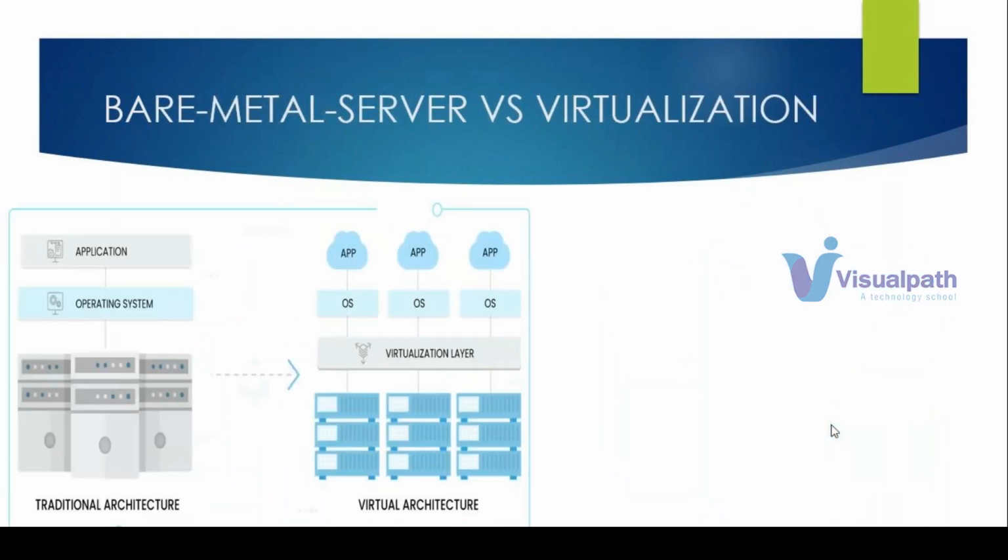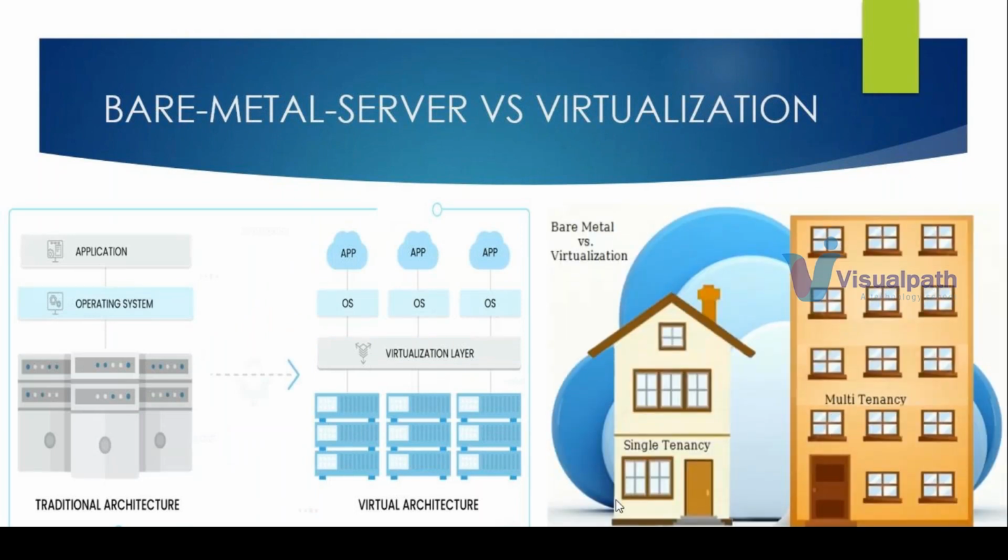These are the typical types of virtualization. There's a key difference I want to depict here. In this traditional architecture, we have one particular instance, all the compute resources are hosted on top of that, then there is an operating system, and on top of it the application.